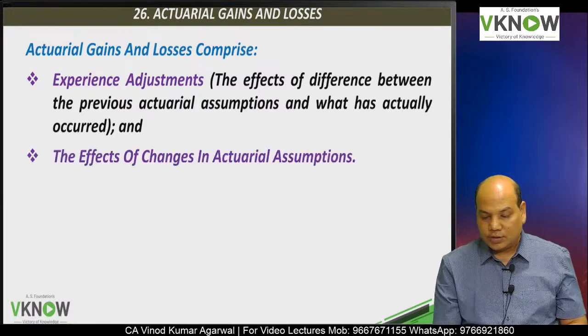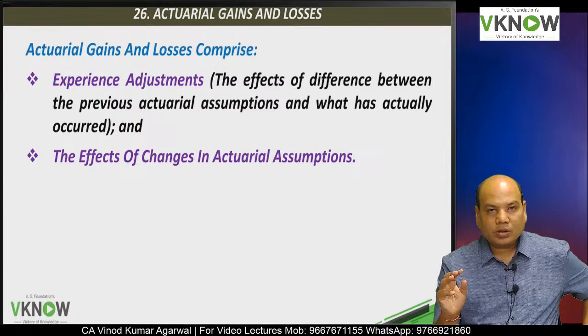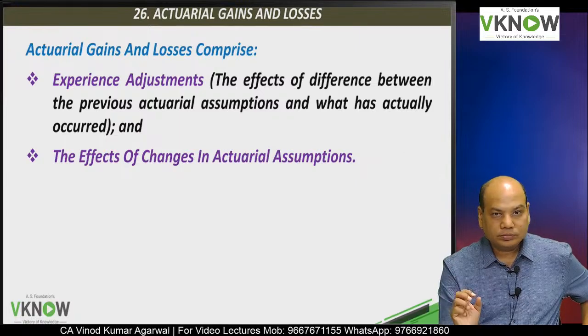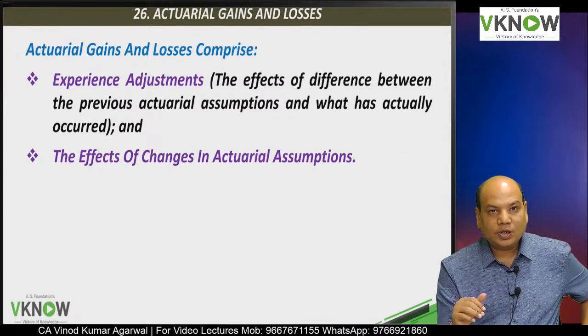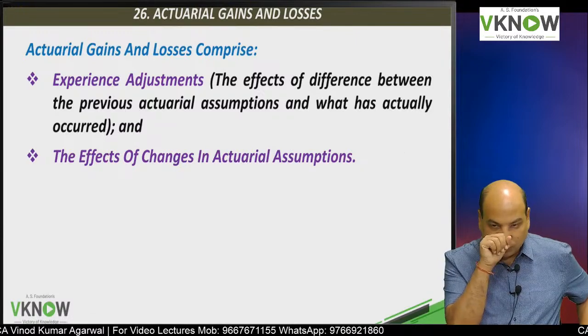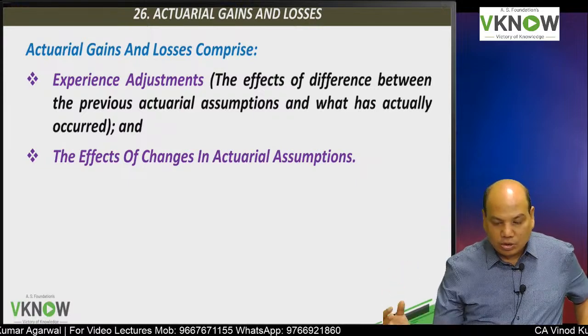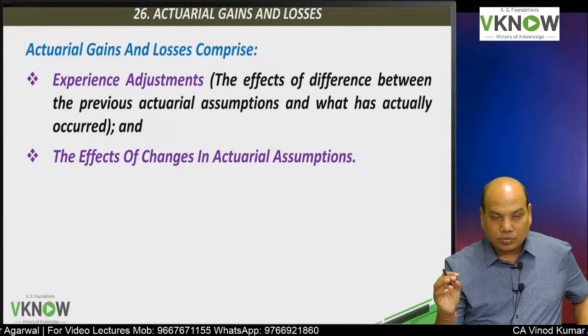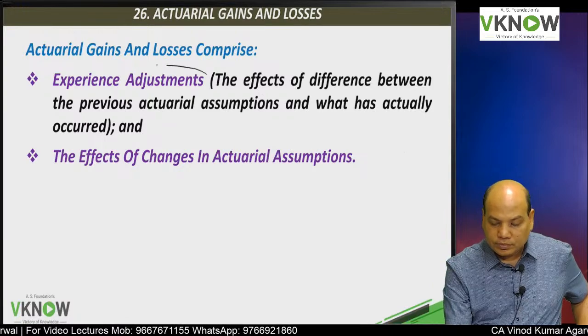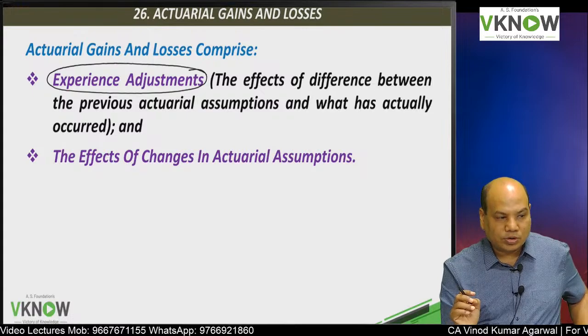Now the next question is, what is actuarial gain or loss? Actuary is not a god. Actuary is only expert in making estimation about the future liability, future employee turnover, future medical cost, etc. But there are two types of gain or loss due to actuarial assumption.